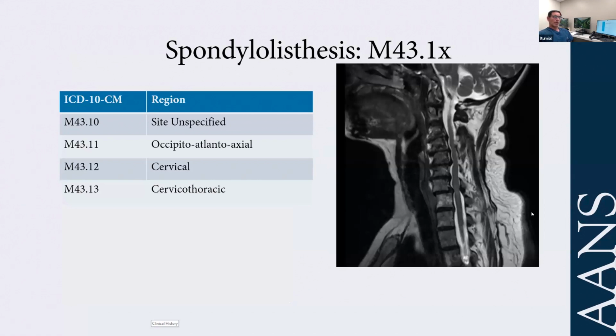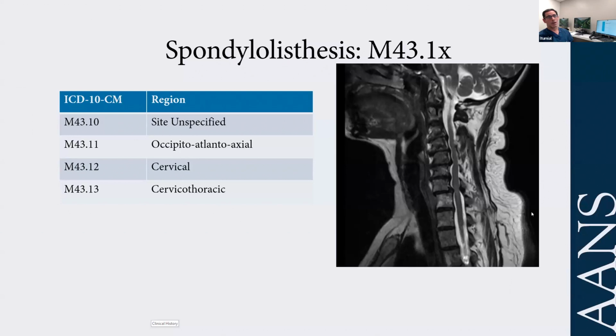So you do not want to use site unspecified. M43.10 is general cervical spondylolisthesis. But if you have it at occipital cervical, cervical, or cervical thoracic, these are the ICD-10 codes that you'll be using. It's a nice code to be using, especially now that Medicare has prior authorization requests.